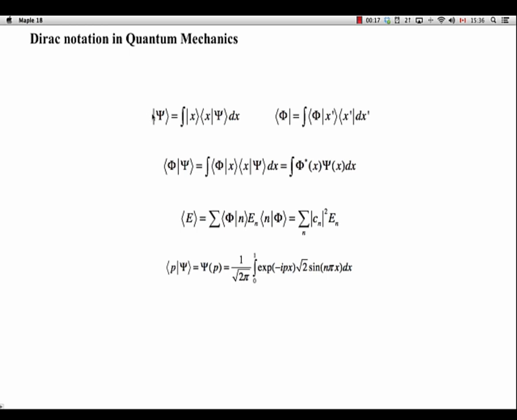We compute with Kets and Bras, representing, for instance, in an infinite dimensional case, these integrals. The product of a Bra and a Ket represents this integral from minus infinity to infinity. The mean value of an operator, where all these operators are non-commutative with respect to multiplication, in the case of a discrete basis, represents this sum, and so on.